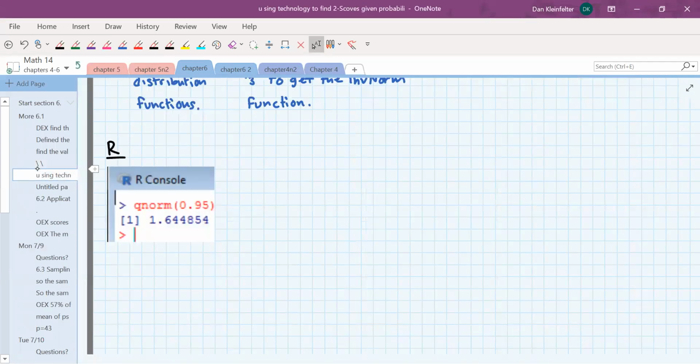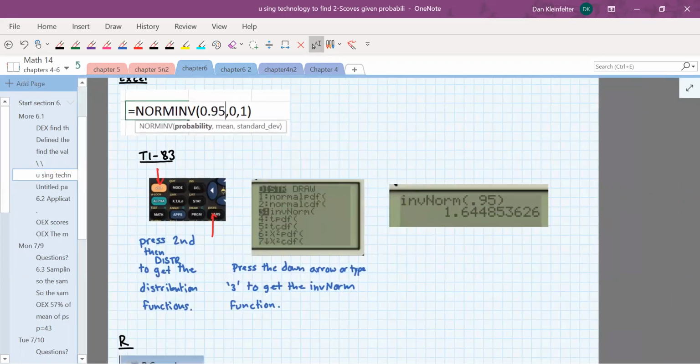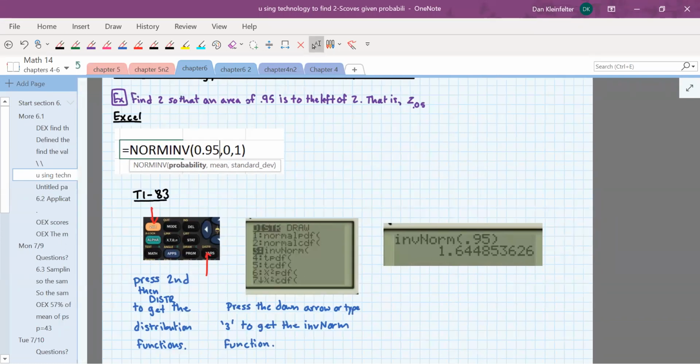Most often, we'll be using the table to help us figure out these probabilities. We saw before how to use technology to get probability values given a z. The inverse procedure, that is, given a probability, find the z value, we can also use technology to do. On Excel, the function is norm_inv, the inverse normal distribution.